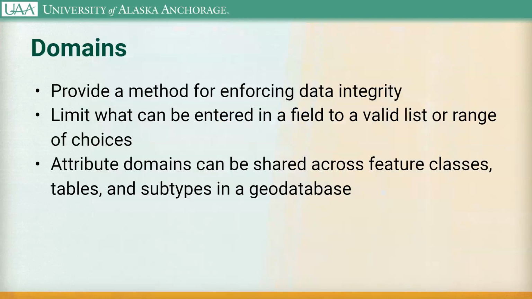So one of the specific advantages of, well, let's step back a step. Domains tell your database what type of information can go into that feature. So you've already defined your attribute field type, but now you're going to tell your database to go one step further and tell it what can go in each of those fields. So this is where we start limiting to a list of choices.